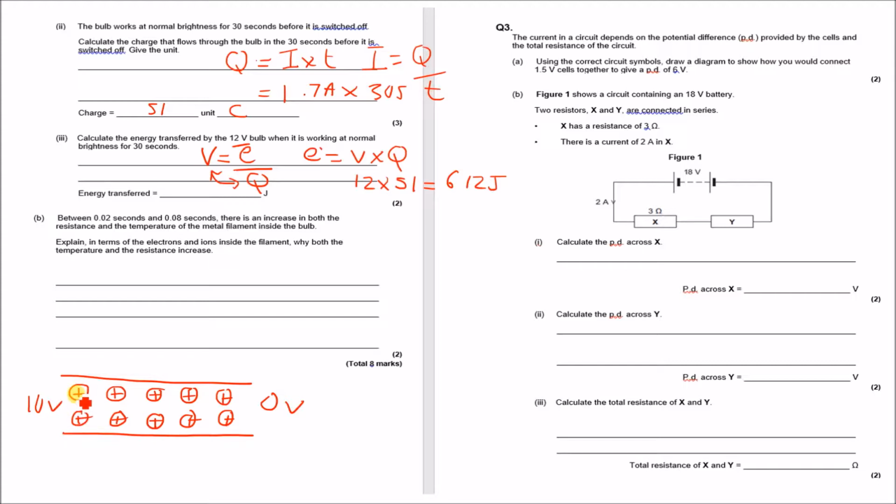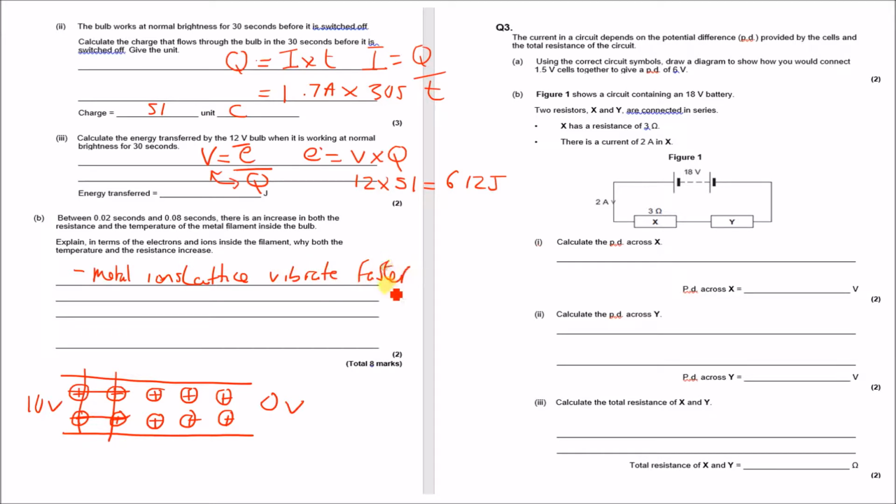Now these positive metal ions in this lattice structure, remember this lattice is this grid-like structure, are constantly moving, but when they're heated they are going to move more, and that is really important when you're describing this. You would say, first of all, the metal ions in the lattice vibrate faster.